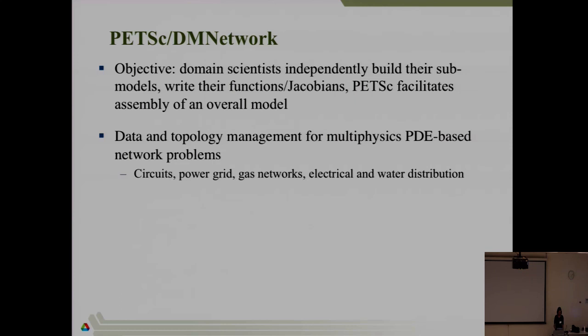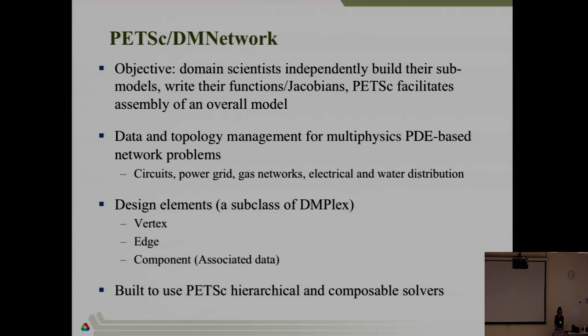And then it handles the data topology and topology management for multiphysics, also PDE-based. So for example, like the power grid, the gas network, all those. And for DMNetwork, basically there are three building blocks, or three elements, we can call them. So one is the vertices, and the edges, right? They form the network, the graph.